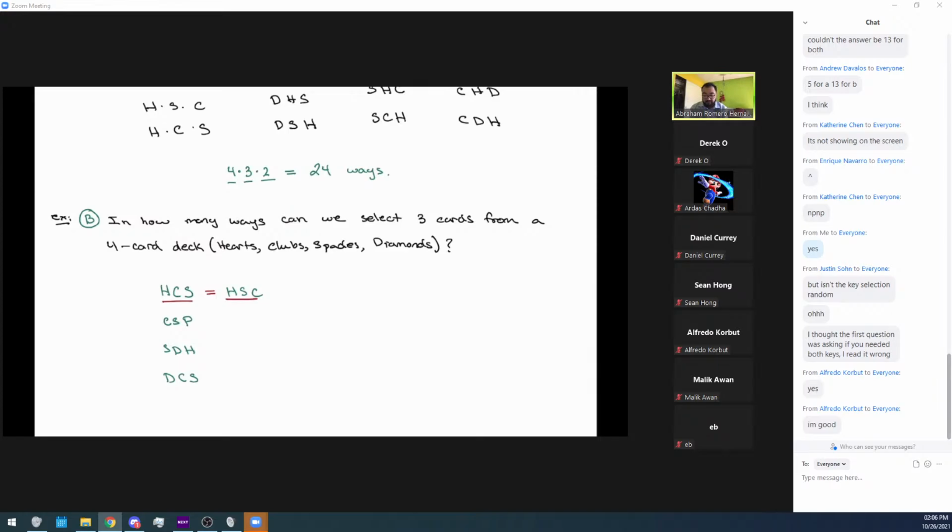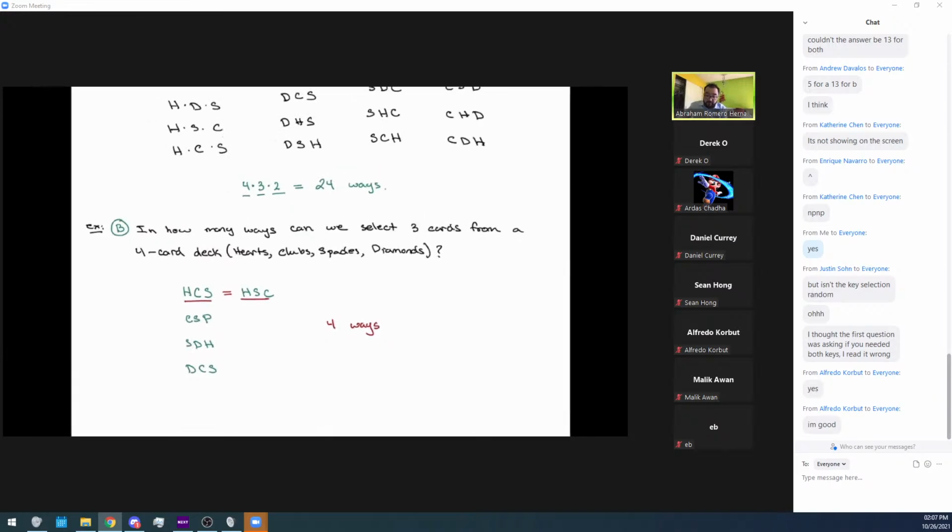I already selected a heart, a club, and a spade. So what we really have is only 4 ways to do this. We don't write HSC because it's already the same as HCS.